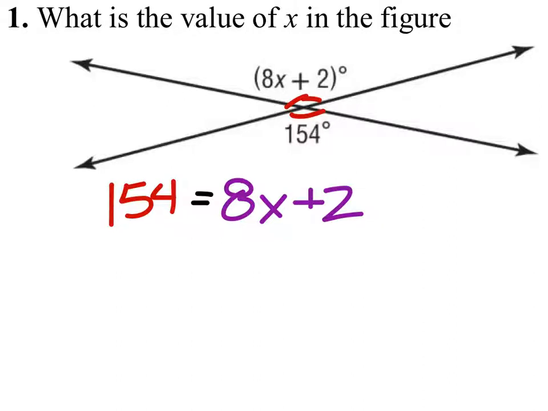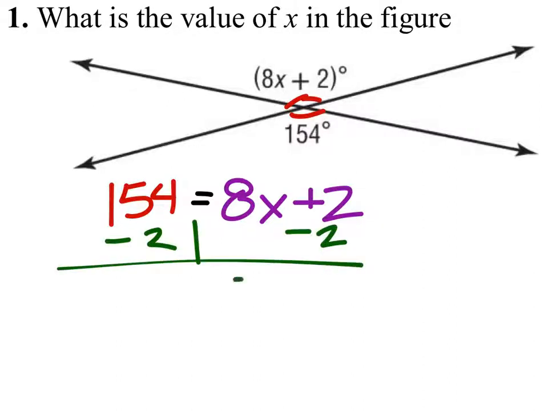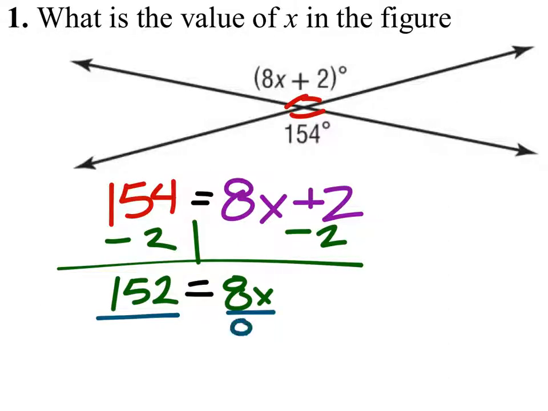Alright, to solve for x, we're going to subtract 2 from both sides. And that leaves us with just the 8x. And that would be 152 degrees for just that angle. No, just the 8x. Yeah, that's good. So to solve these, I'm going to divide both sides by 8. And I see that x equals 19.